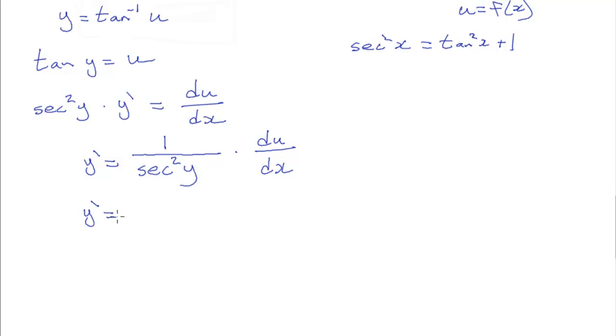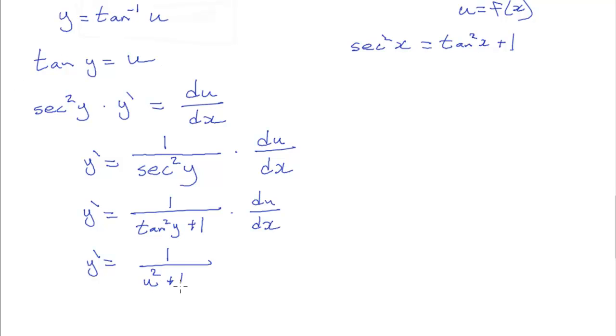We end up with 1 over tan squared y plus 1 times du by dx. So if we finish simplifying, then we get 1 over, well, tan y is just u from up here, so we end up with u squared plus 1 multiplied by the derivative of u with respect to x. And that's just the chain rule.